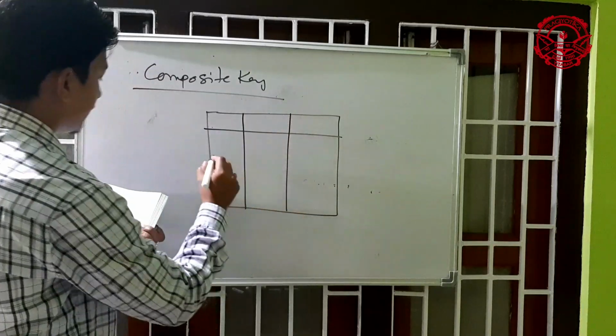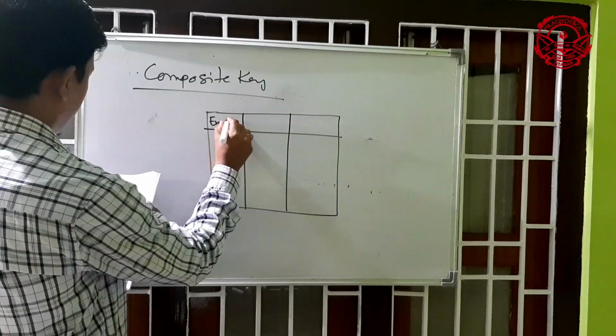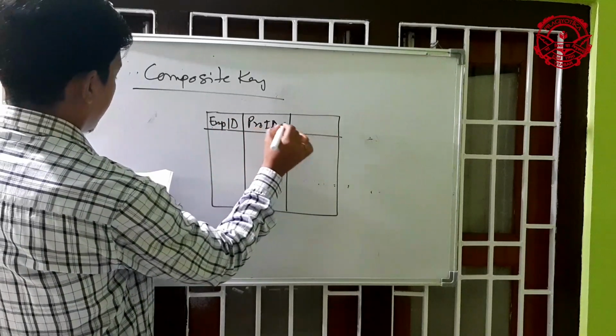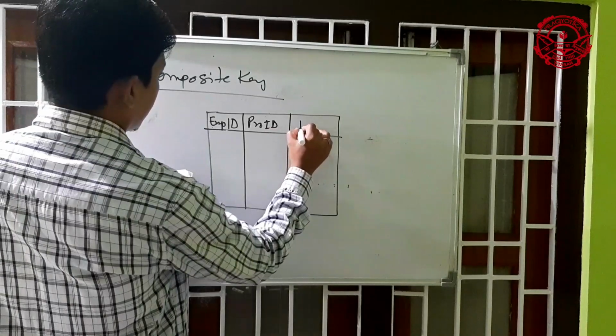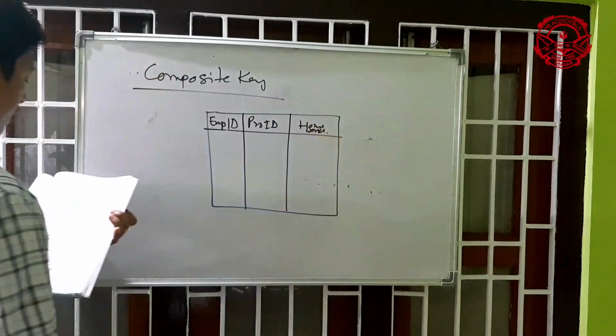There are three fields: employee ID, project ID, and hours worked.